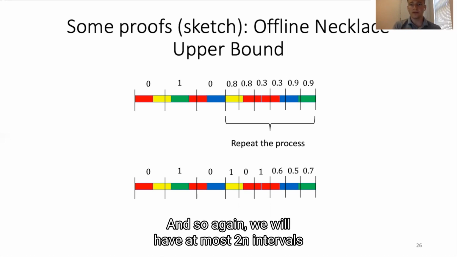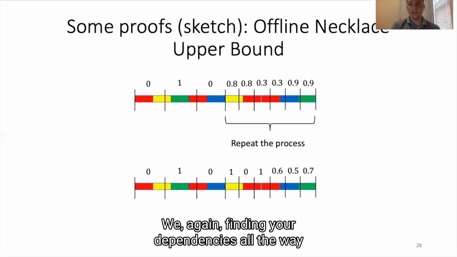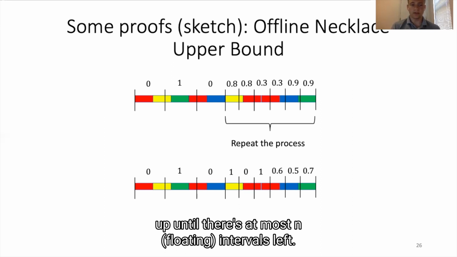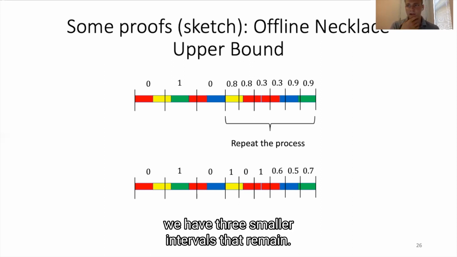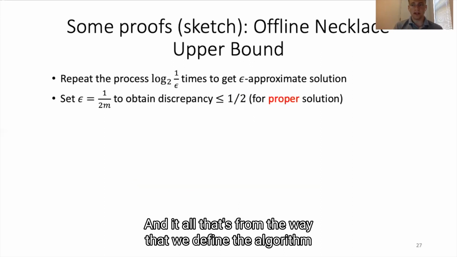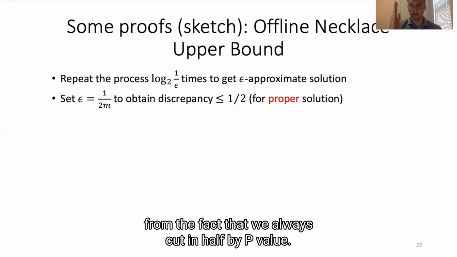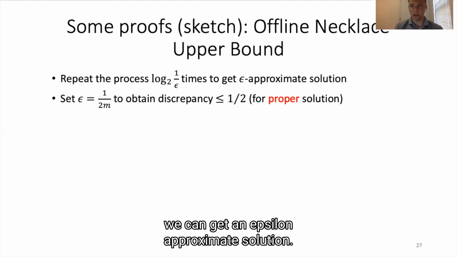And so again, we will have at most 2n intervals, which here is at most 6. We again find linear dependencies all the way up until there's at most n intervals left. And then when that happens, we again have three smaller intervals that remain, and then we repeat the process multiple times. And it turns out that from the way that we define the algorithm, from the fact that we always cut in half by p-value, if we repeat this process log 2 of 1/epsilon times, we can get an epsilon approximate solution.